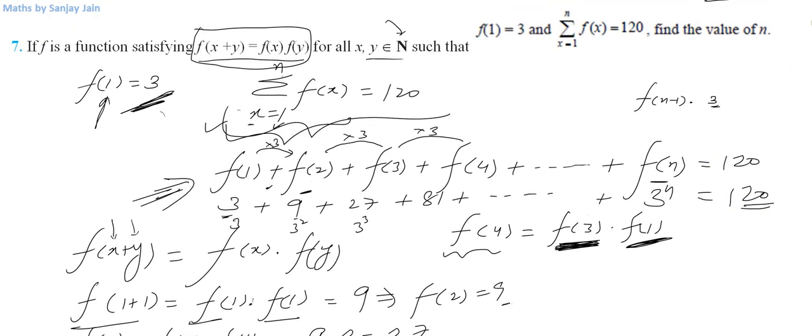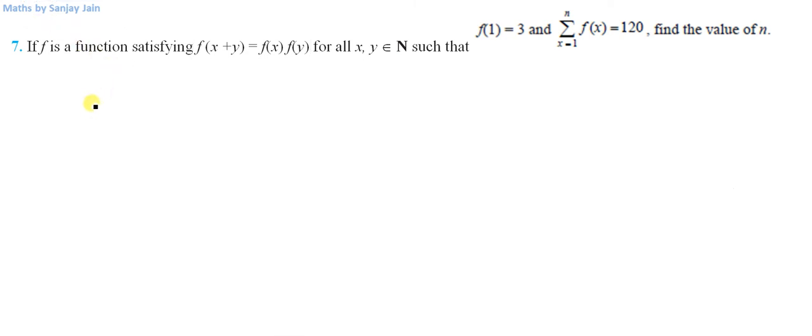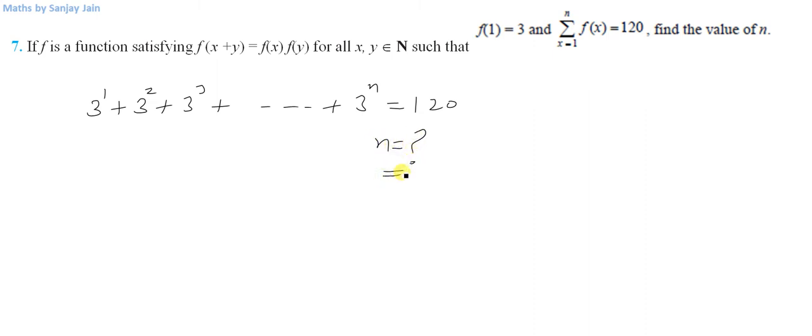Okay, now I need to find value of n. So let me rewrite this question. I hope you have noted everything that you wanted to. So the question that is given is 3 raised to power 1 plus 3 raised to power 2 plus 3 raised to power 3 up to 3 raised to power n is equal to 120, and I need to find value of n. Can you now find it? Because this is a GP where first term is, so let me write the sum of this GP.